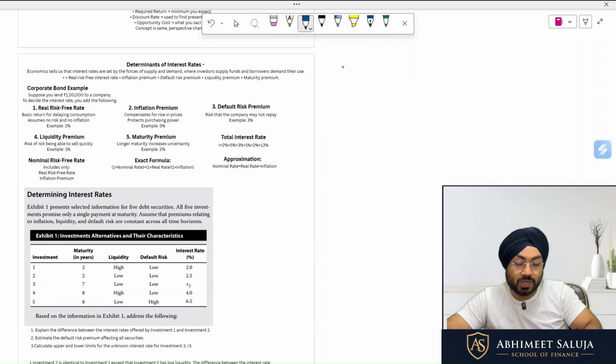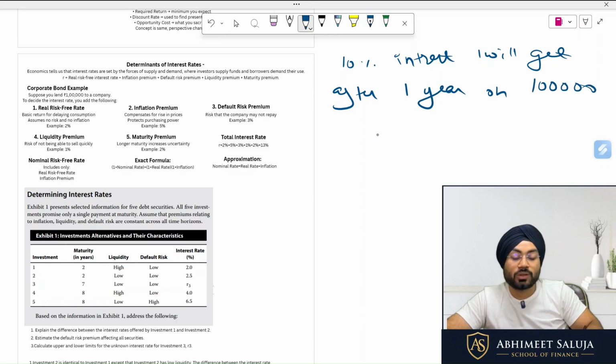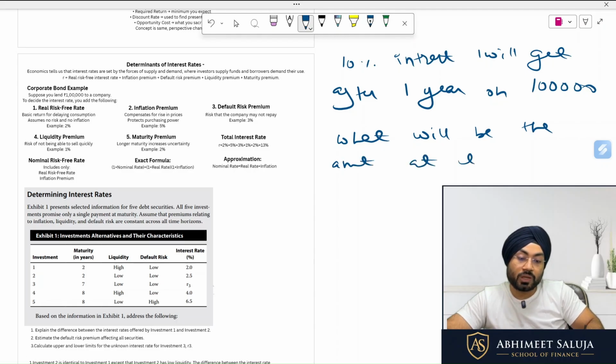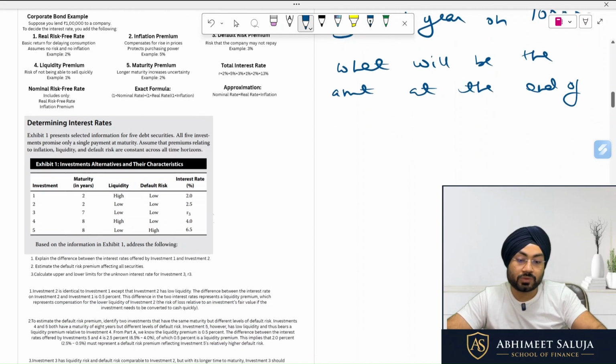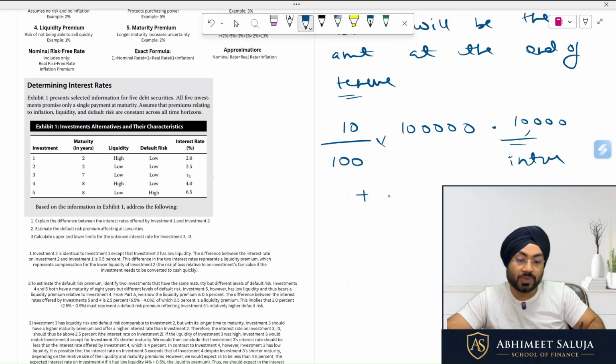What will be my actual amount after 1 year, at the end of the tenure? Basically you take 10% of this, you will get 10,000. 10,000 is the interest, plus principal.